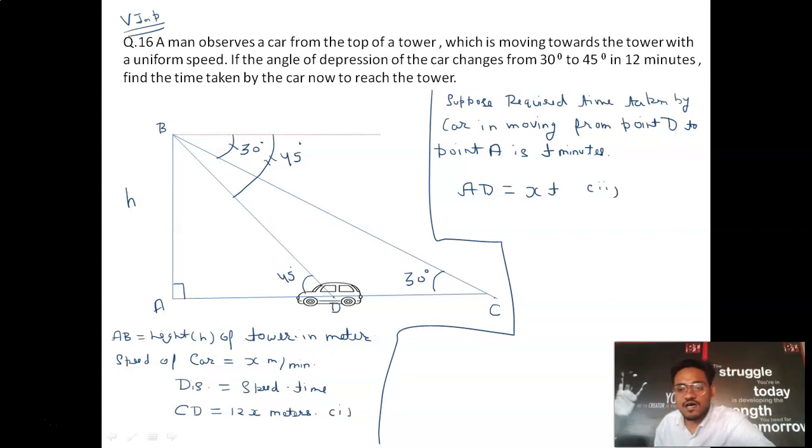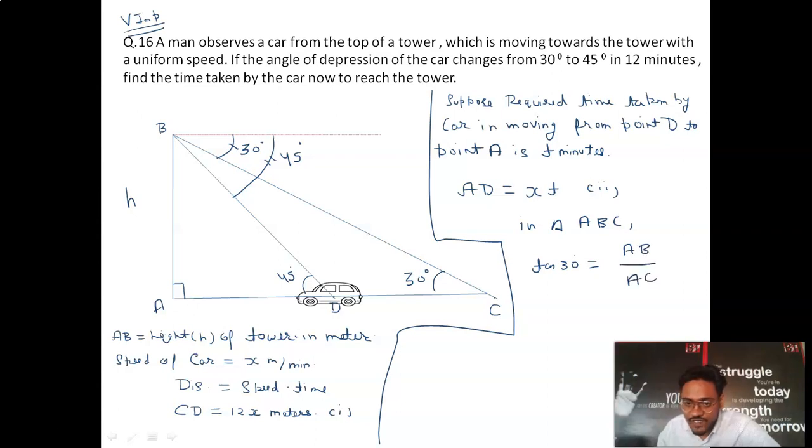Now students, we are doing up to here in every question. Let me take triangle ABC first. In triangle ABC, tan 30 is AB upon AC.